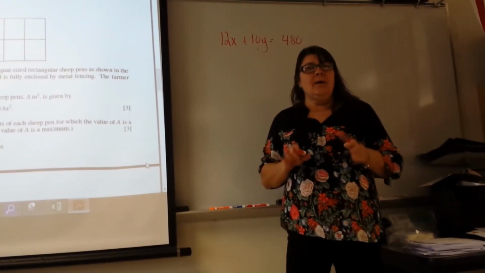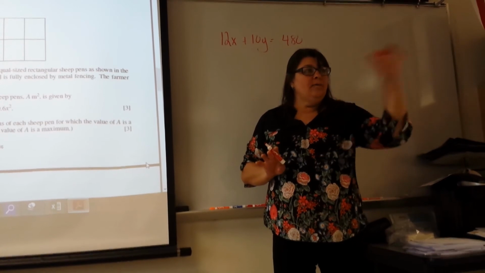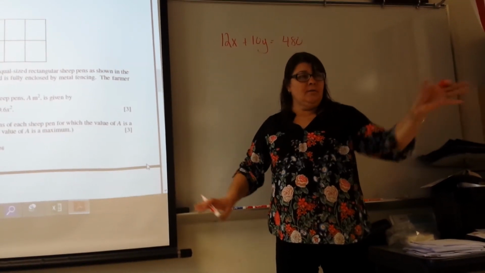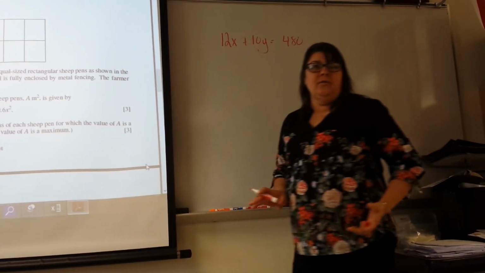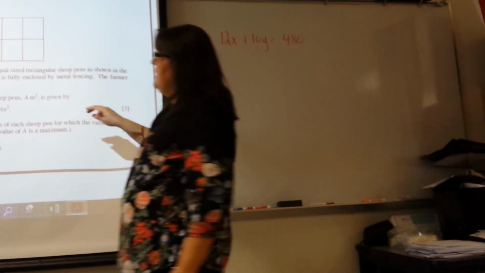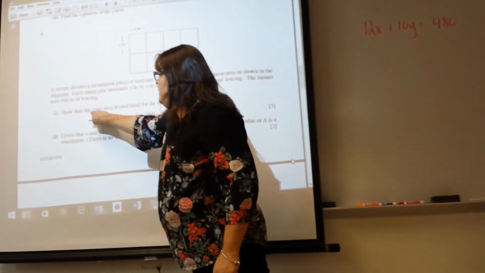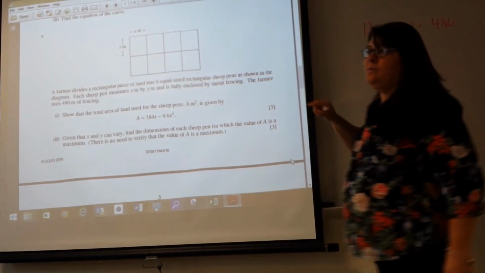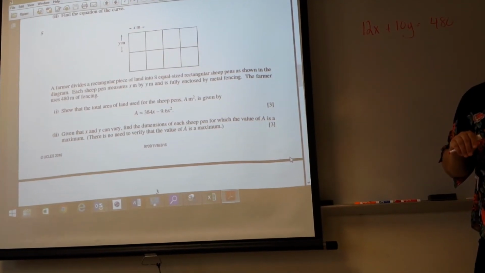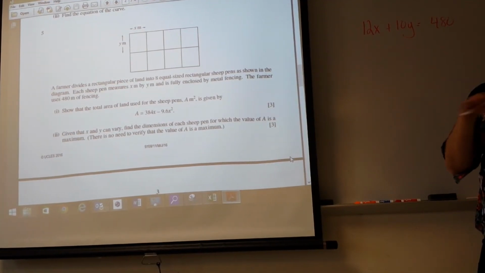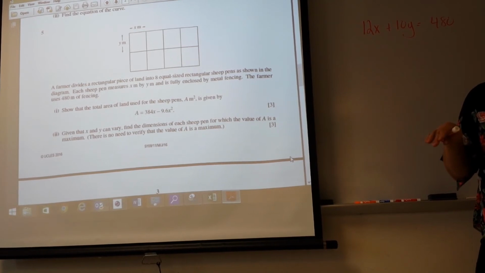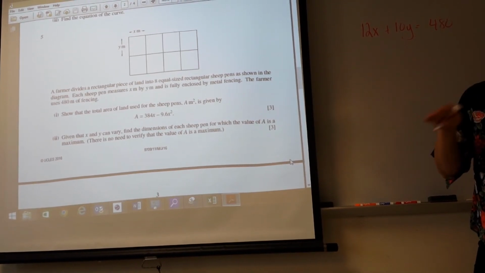The other equation that they're going to want, because this is the one where you have to use 2 equations. One's full and one's partial. You solve for one and plug it in the other. You can remember that. Okay, so let's look. The next one says, show the total area of the land used. Well, how do we find the area? Does the middle fencing matter for the area? The middle fencing doesn't matter.